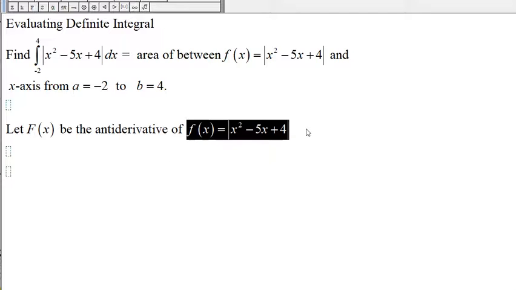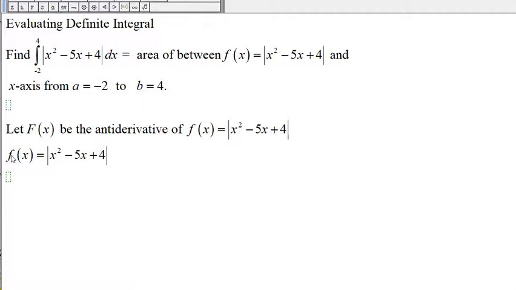And so to get the antiderivative, first we need to rewrite this absolute value using the definition of absolute value.